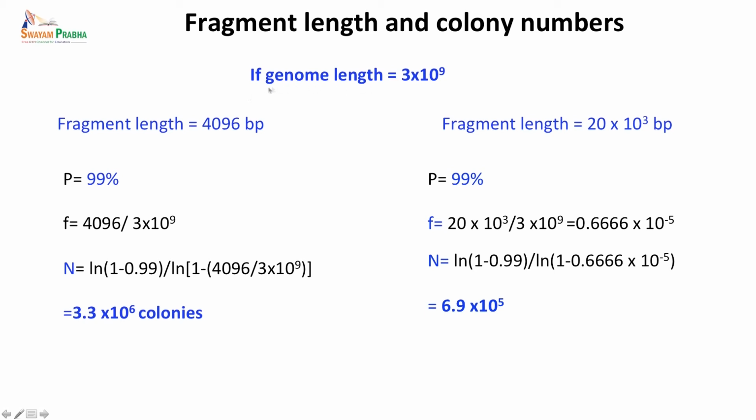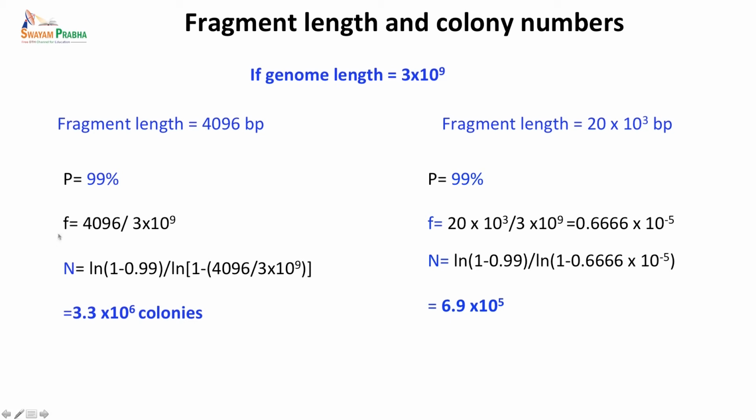Let's take the human genome, 3 into 10 power of 9 base pairs, and consider two different fragment lengths, 4096 base pairs and 20 kb fragments, so 20 into 10 power of 3 base pairs. Let's put P at 99%, so you want to be 99% sure of finding any sequence that you are looking for in the gene library.